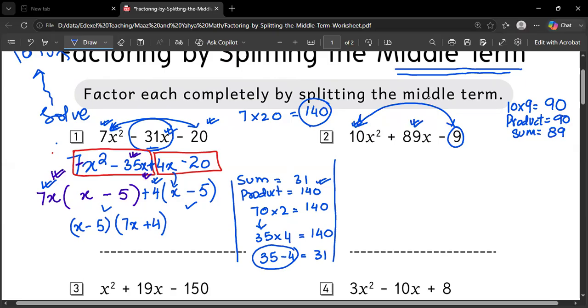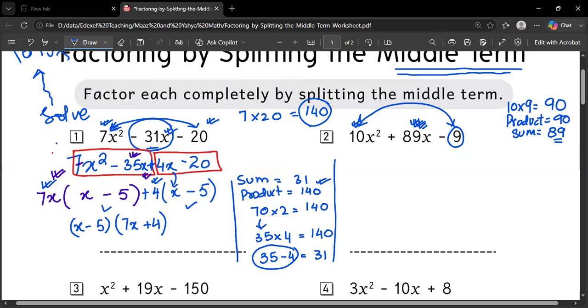This is going to be the middle term, right? So I have written over here as well. The sum should be 89 and the product should be 90. So now think about the two numbers quickly, the two numbers which make the product 90 and the sum 89.